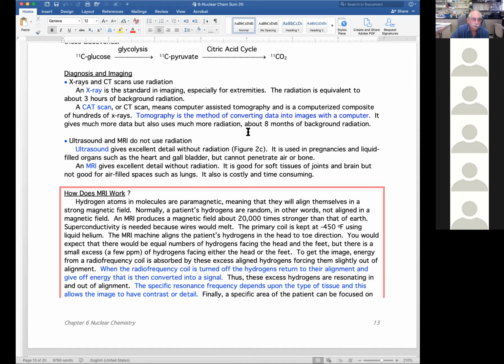And then we have ultrasound and MRI, which do not use radiation. Ultrasound gives really good detail. It's used in pregnancies and liquid-filled organs such as the heart, things like that. It cannot penetrate bone. And an MRI also gives excellent detail.